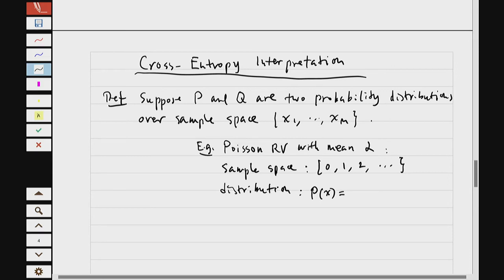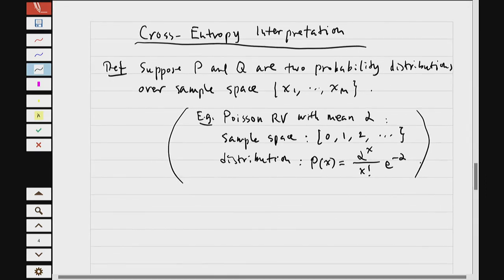So it will be alpha to the x power divided by x factorial, and then e to the minus alpha. That's the distribution of a Poisson random variable. It's a function in x, the values that the random variable can take. This is the probability that the random variable takes this x value. It can be 0 or 1 or 2 and so on, and the probability that it takes one of these numbers is given by this formula. That's what we mean by distribution.